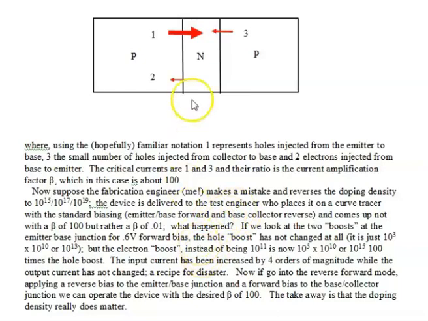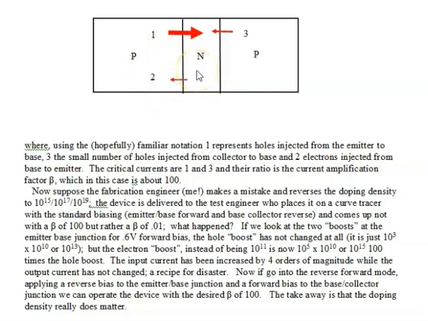So the whole currents pretty much haven't changed, because for, say, 0.6 volts, I have a 10 to the 10th boost for the holes from the emitter, and a 10 to the 10th boost for the holes from the collector to the base. However, it's current component number 2 which has changed.